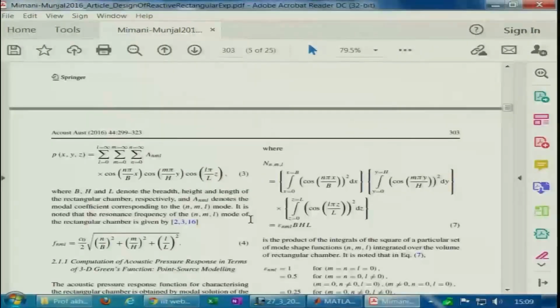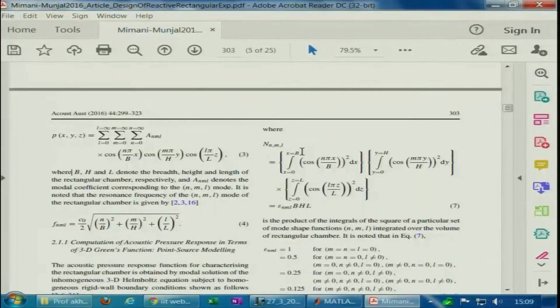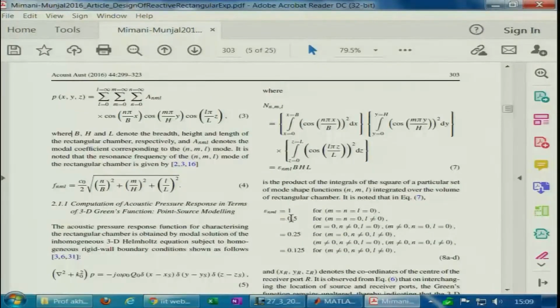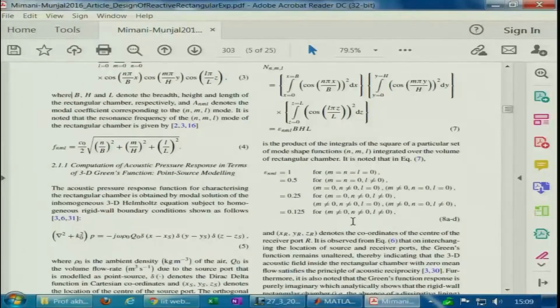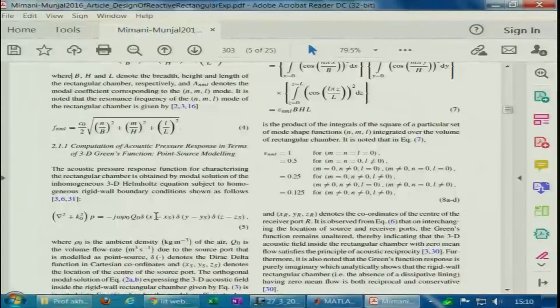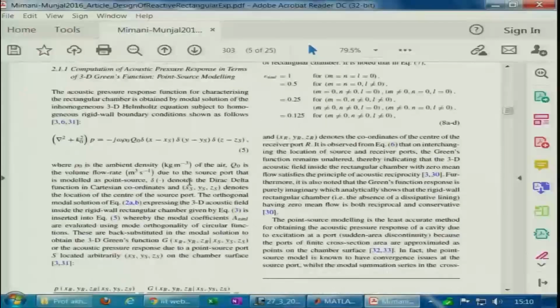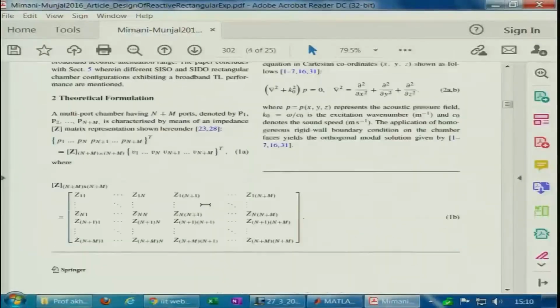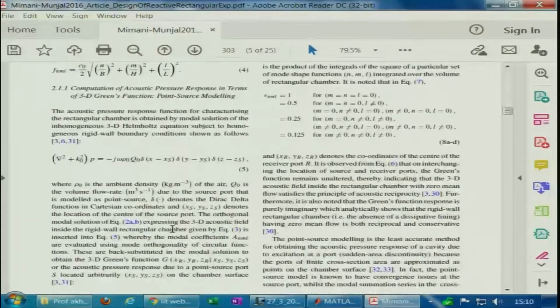So, we have this regular modal expansion and natural frequencies of the rectangular box, and these are our integral values. This is 1 when m is equal to n is equal to L, and 0.5 for the different permutations you can have a look at. And this is the inhomogeneous point source equation, and we substitute the orthogonal modal solution of equation 2a for this one, that is basically this one, into equation 5.